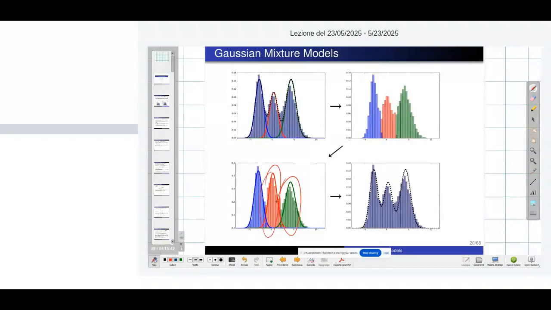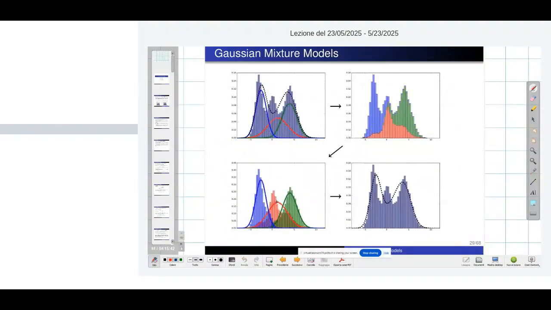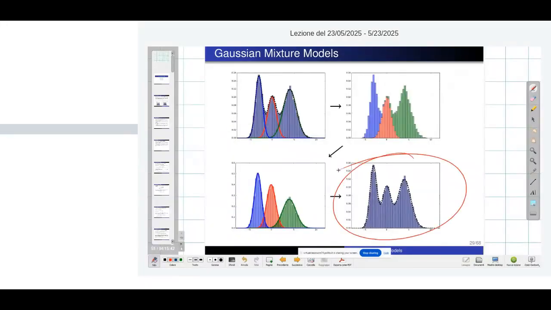We were not fitting the corresponding histogram very well. Now the red component is a good fit, but not for all the samples. Now it's a good fit for the fraction of samples that have been assigned to the red cluster, the same for the green, and the overall result is a model that describes much better the overall distribution of my samples.